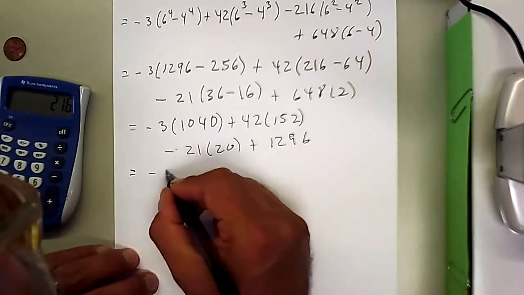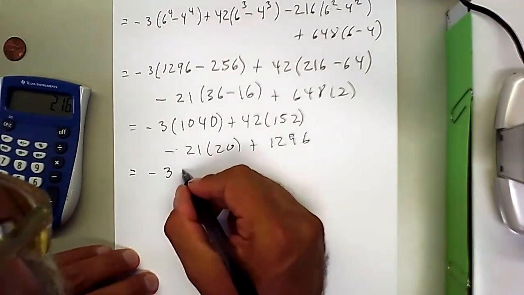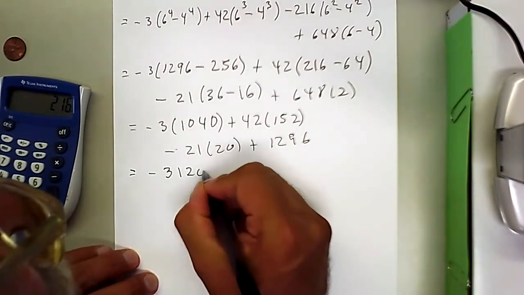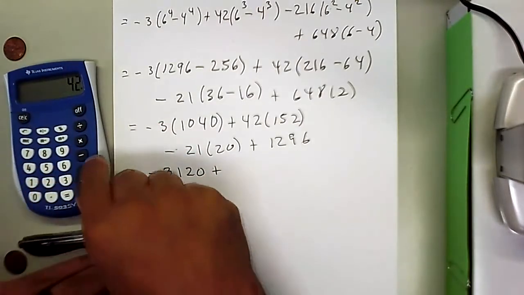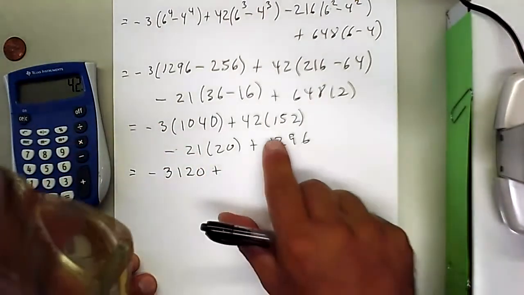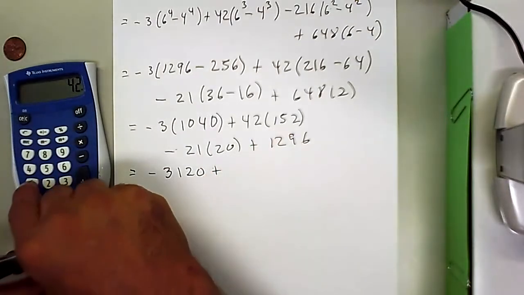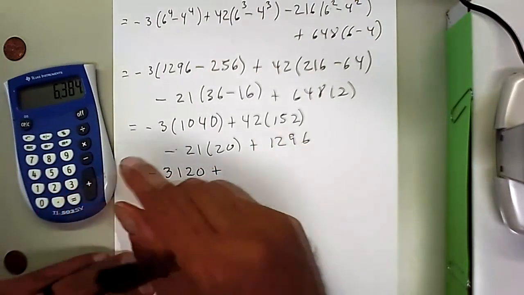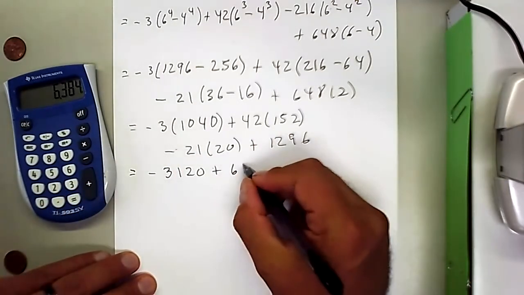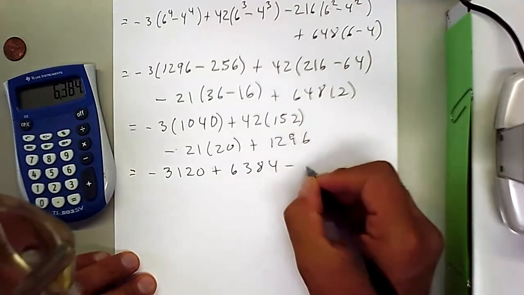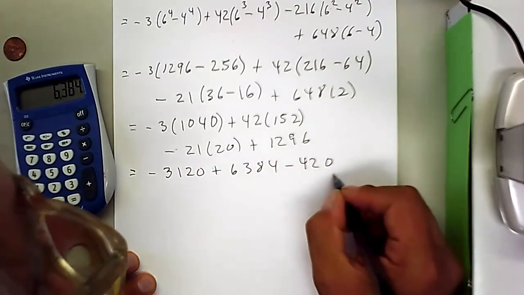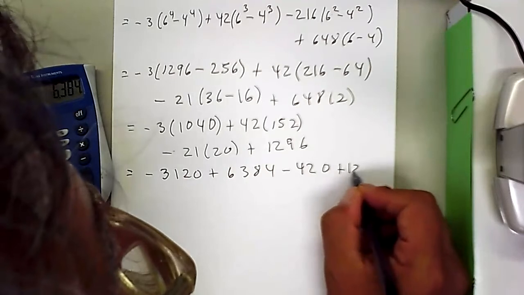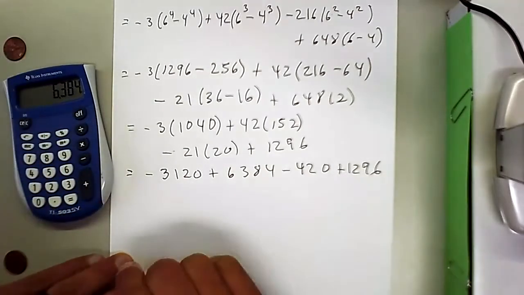So that is negative 3,120 plus 42 times 152 is 6,384 minus, that's 420 plus 1296.